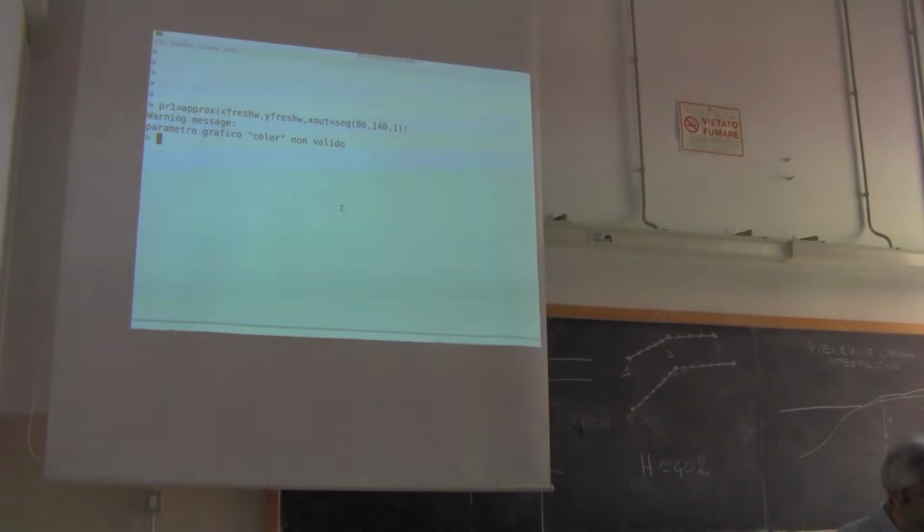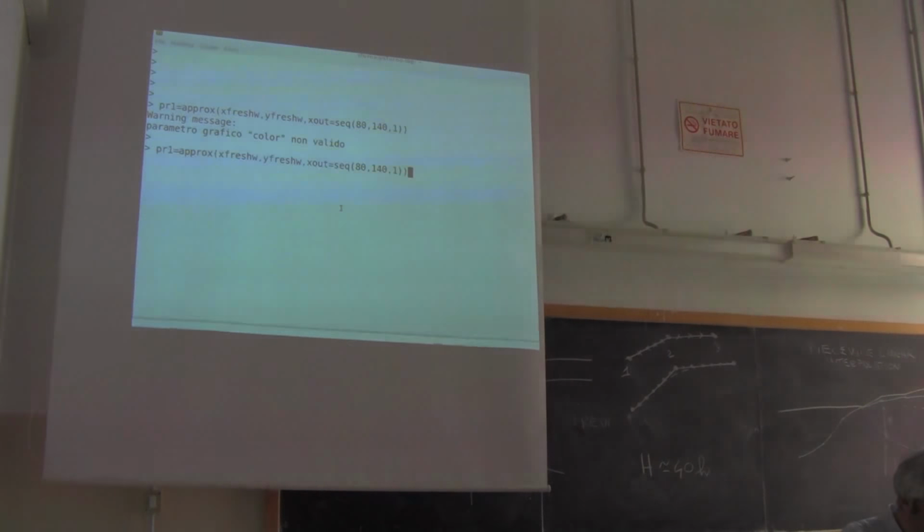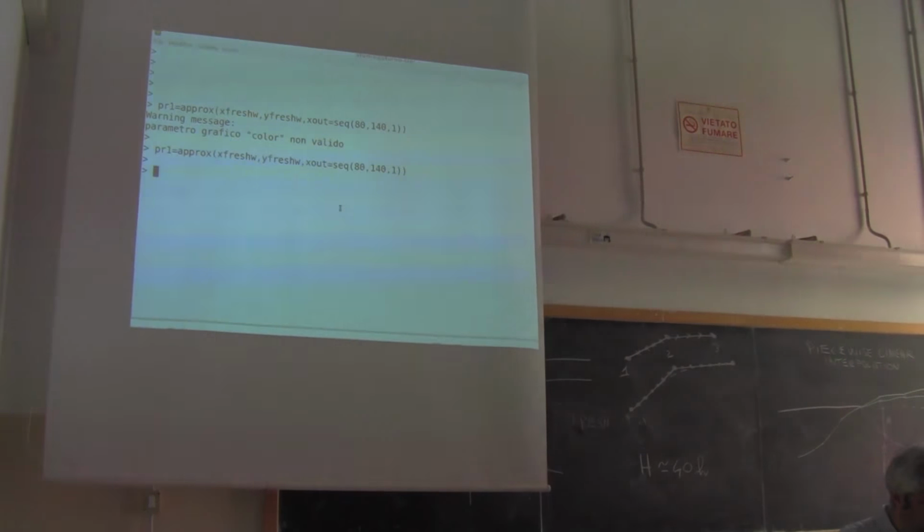Let's press return. I don't understand this warning. It doesn't appear anymore. Okay. Very good. So the graph is still there. This is the result of my approximation. And what is PR1? It's a list.